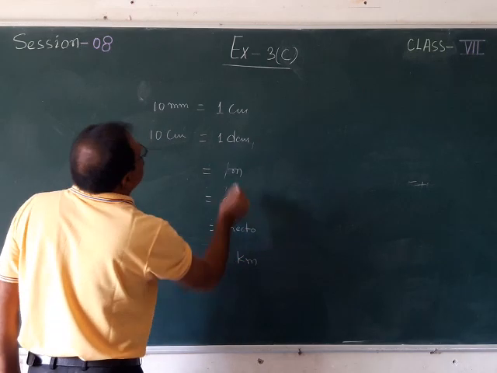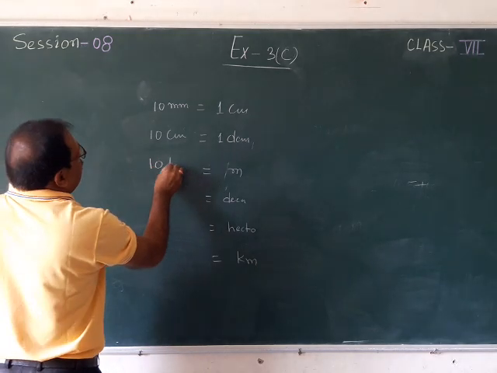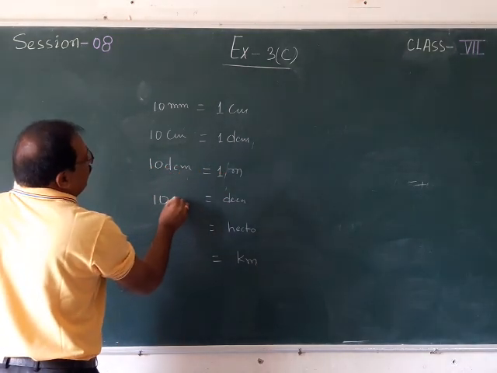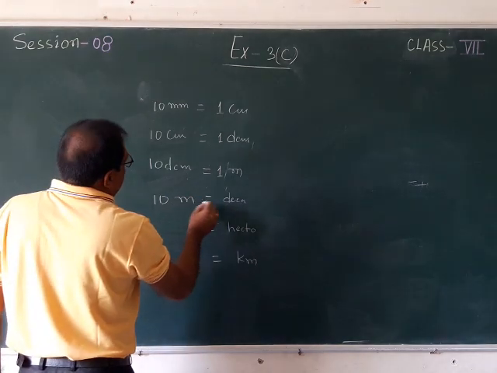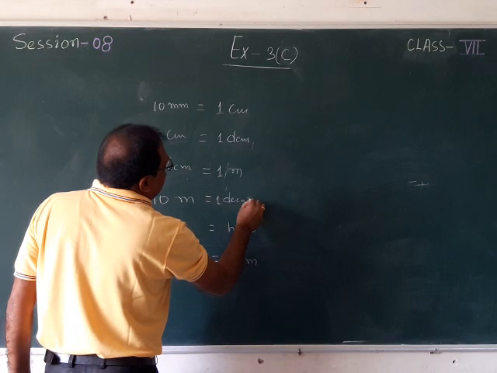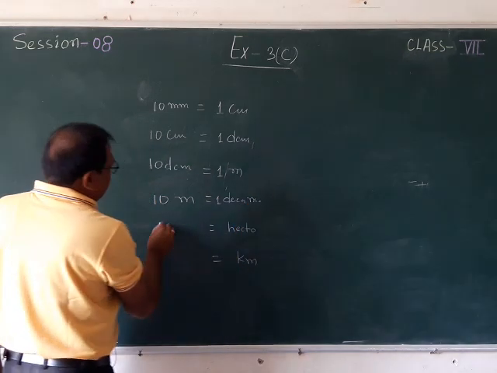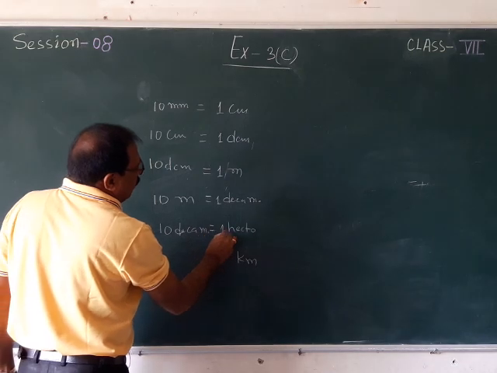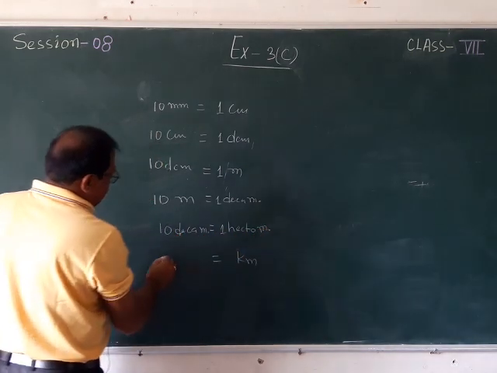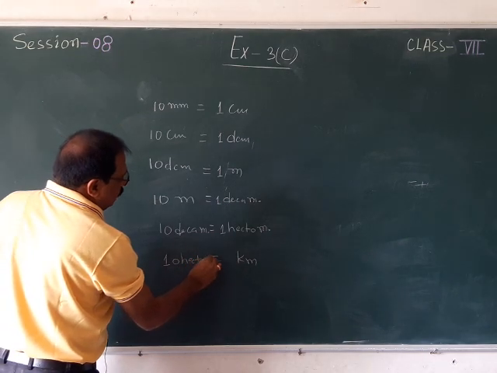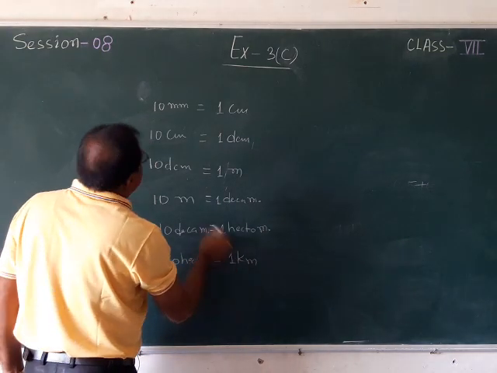So what can I write? 10 decimeter equal to 1 meter, then 10 meter equal to 1 decameter, and 10 decameter equal to 1 hectometer, and 10 hectometer equal to 1 kilometer.